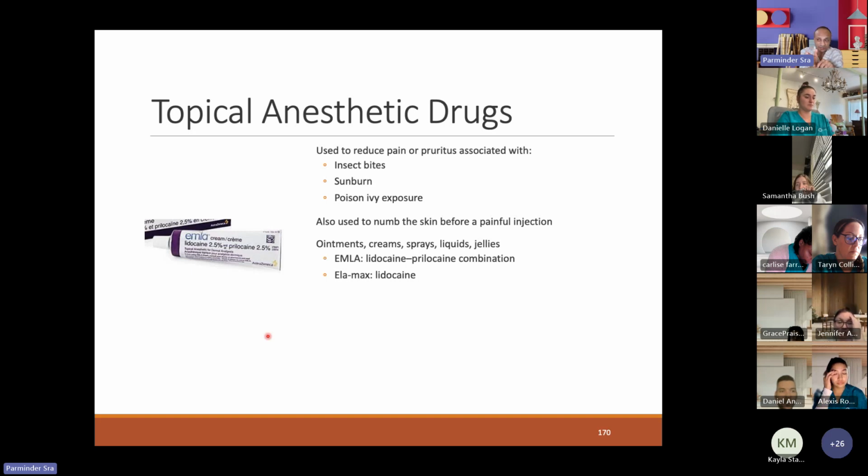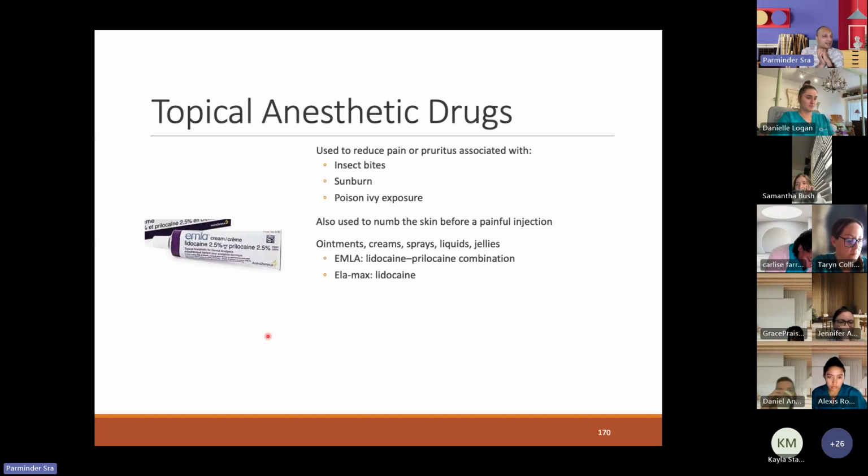Very commonly used with insect bites, sunburn, anything irritant causing problematic symptoms where you need to numb the area. These drugs are used. Also, if you see on the ointment, cream, or spray, it says EMLA.